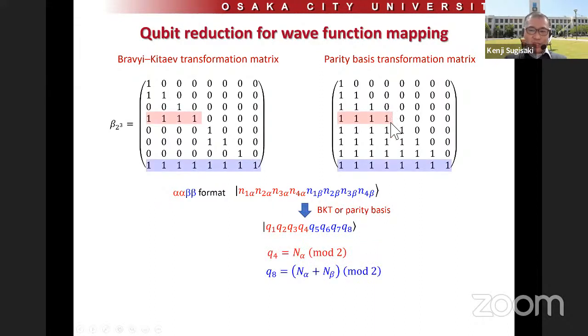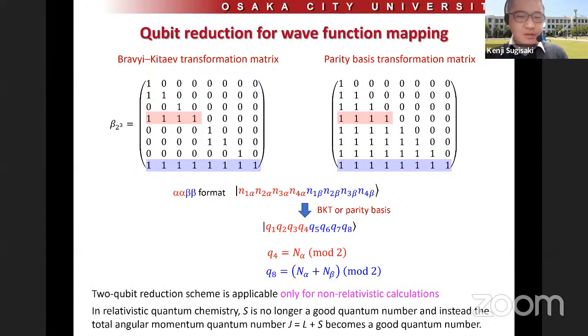Again, in the parity basis, the qubit stores the sum of all the occupation numbers before it. In this case, the fourth qubit stores the sum of all the occupation numbers from Q1 to Q4. So Q4 is always N alpha modulo 2, and Q8 is always N alpha plus N beta modulo 2. So we can efficiently reduce 2 qubits by using the parity basis.